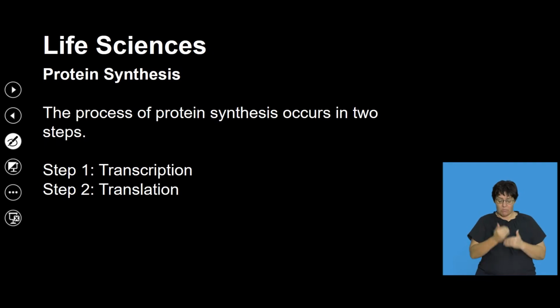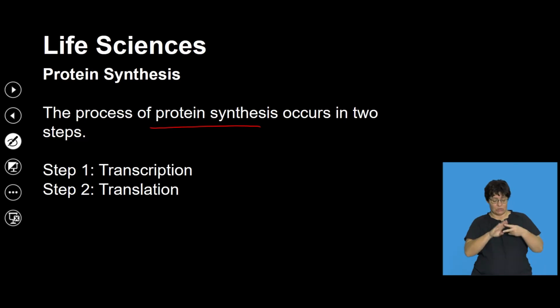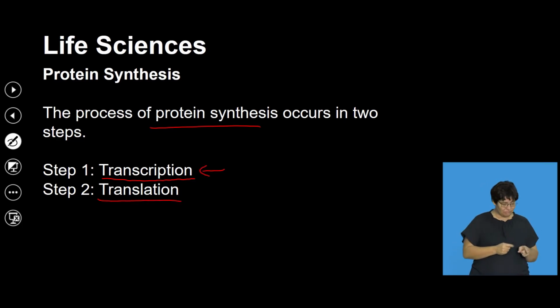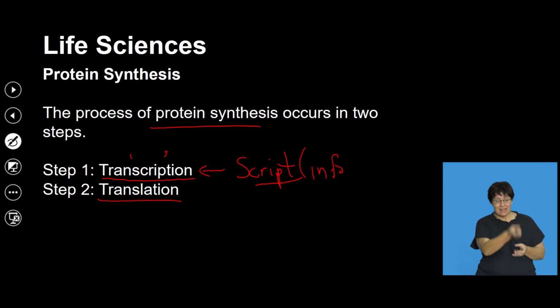The process of protein synthesis consists of two predominant steps. The first step is called transcription, and the second step is called translation. I'm going to pause at the word transcript and draw reference to what a script is. A script could be a message, it could be information, and that information has a specific code.